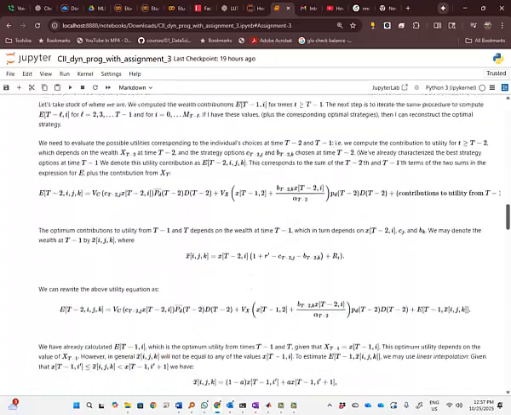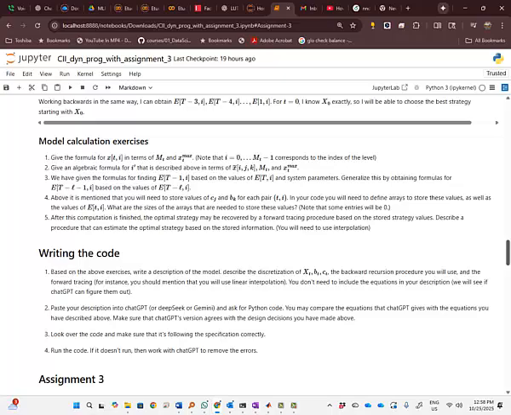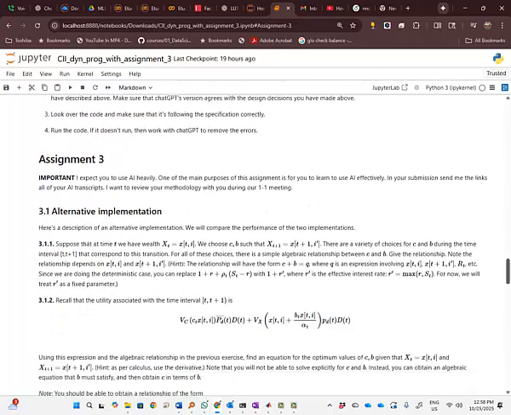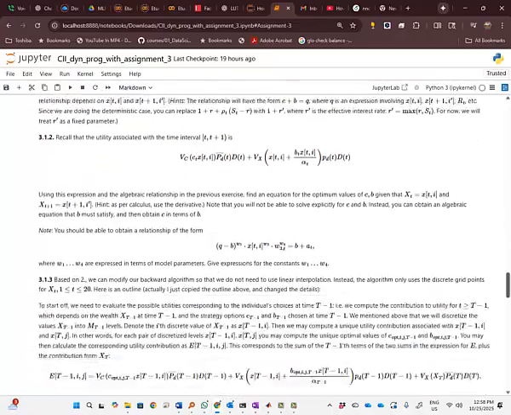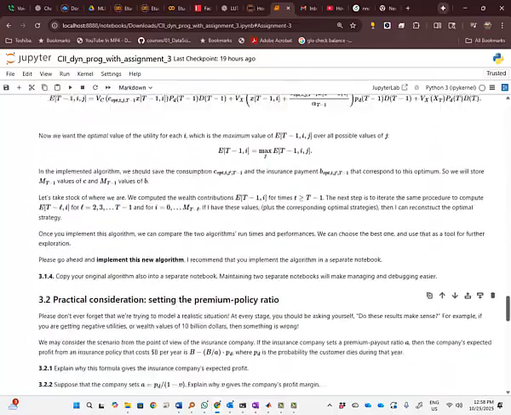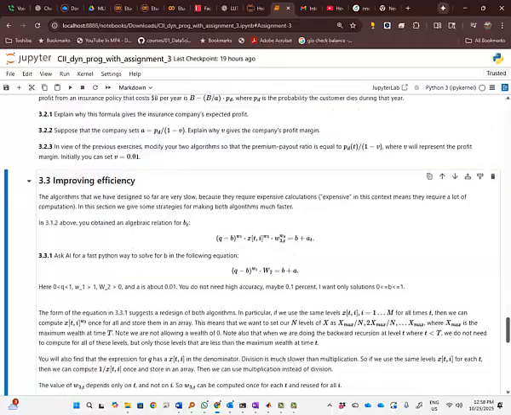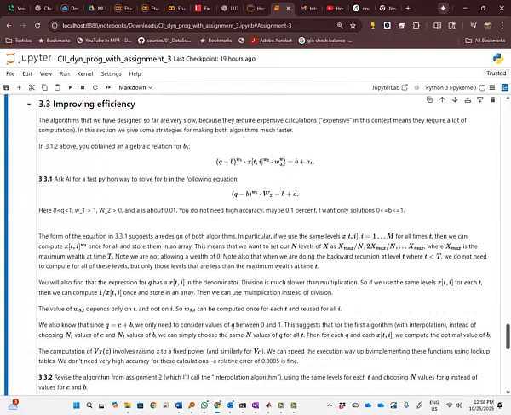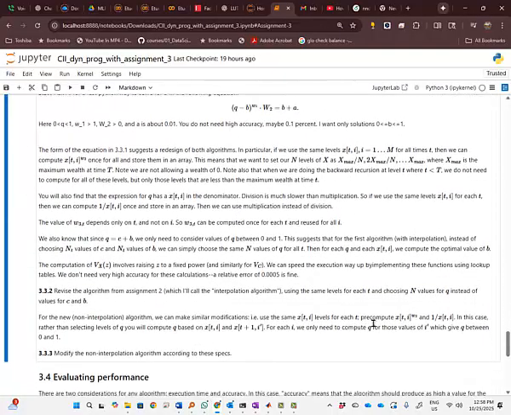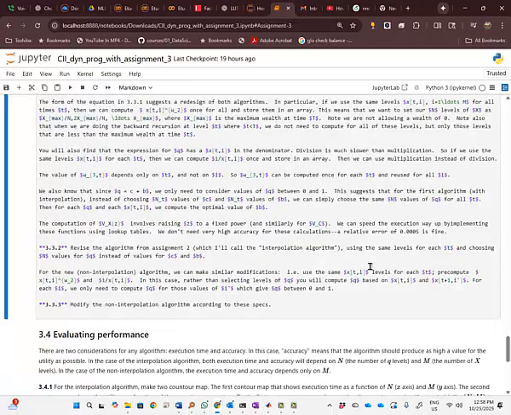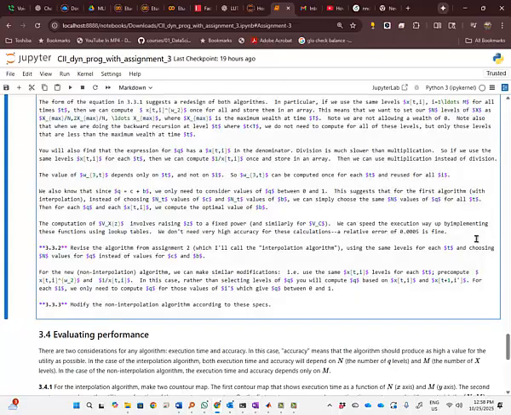When you're trying to optimize an algorithm, you try to identify the operations that you do often and implement them as fast as possible. So we can speed up the execution a lot by implementing these functions as lookup tables.